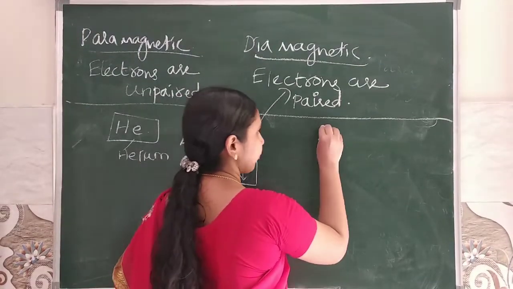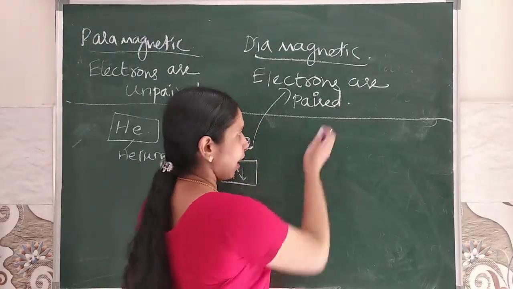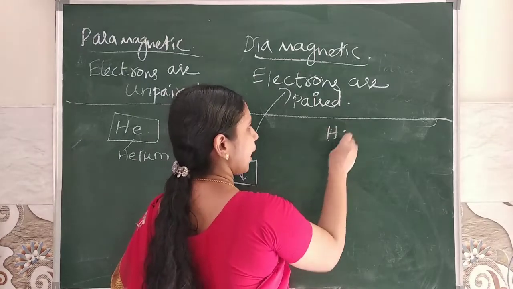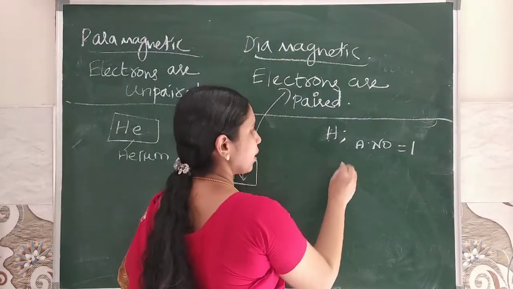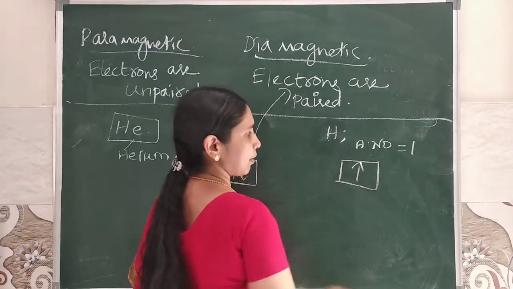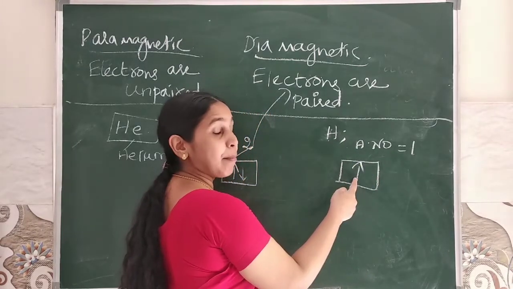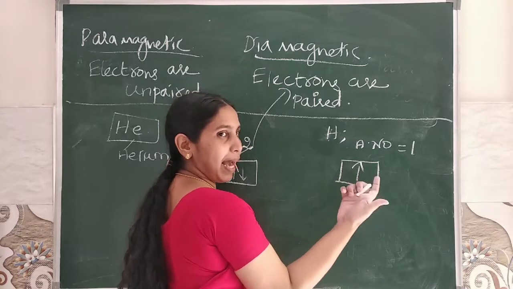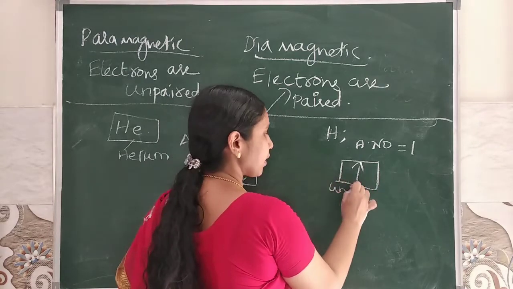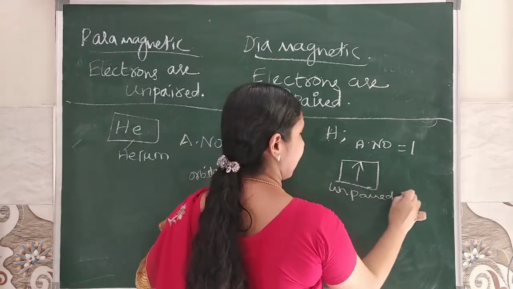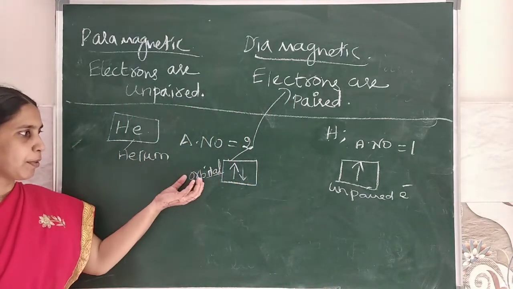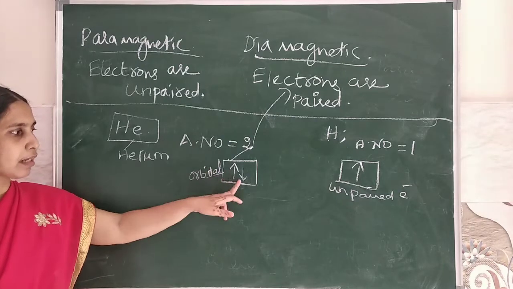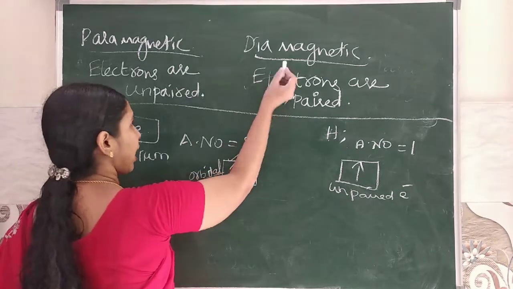Paramagnetic, for example, nitrogen or hydrogen. Hydrogen's atomic number is 1, so only one electron is present. This is an unpaired electron. There is no paired electron. If the orbital contains all paired electrons, it is diamagnetic.